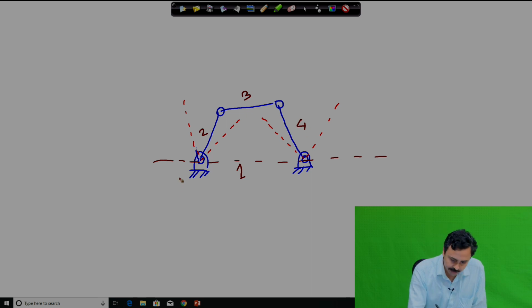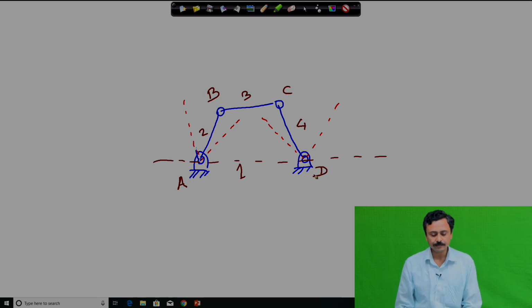So, here it was named A, B, C, D. The links AB and CD do not cross the line of frame and they are oscillating links.